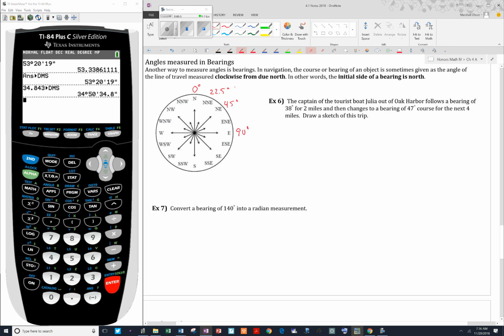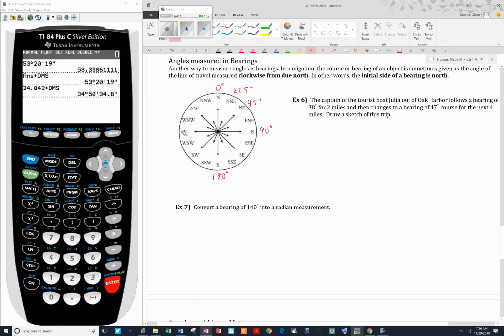I think this is a good one to put in: 22.5, because then what that tells you is every click going around this compass on the marked ones is 22.5 degrees. So for example, we know that this is 180, this is 270 right here, and then all the way back to north would be 360.